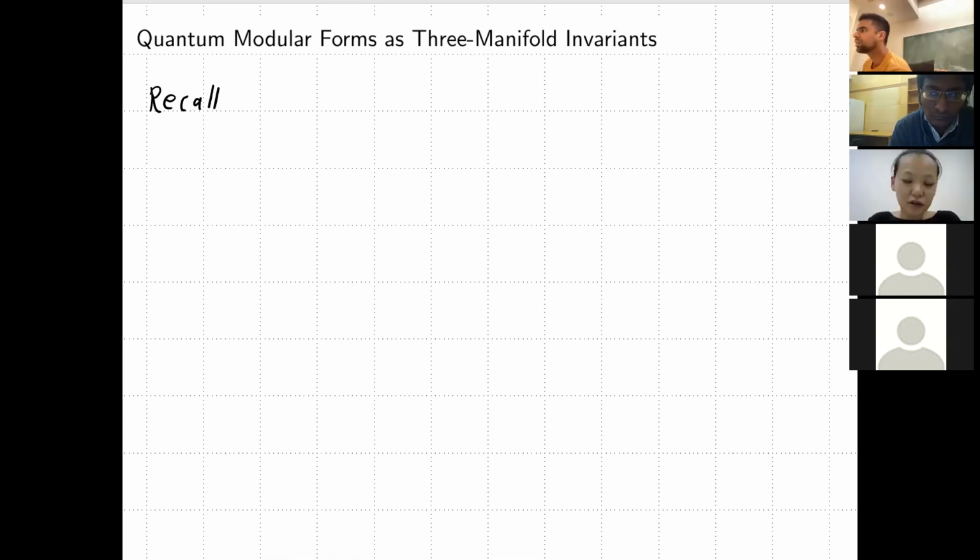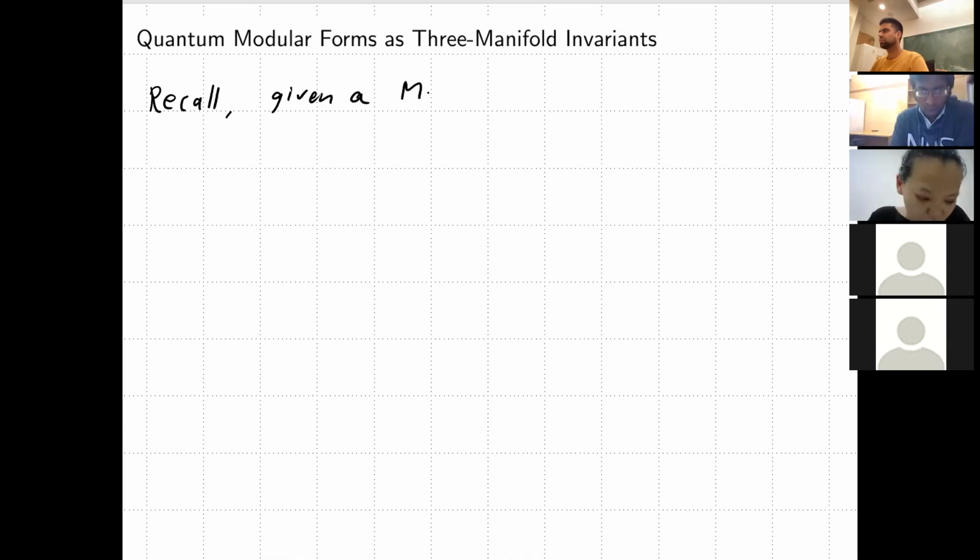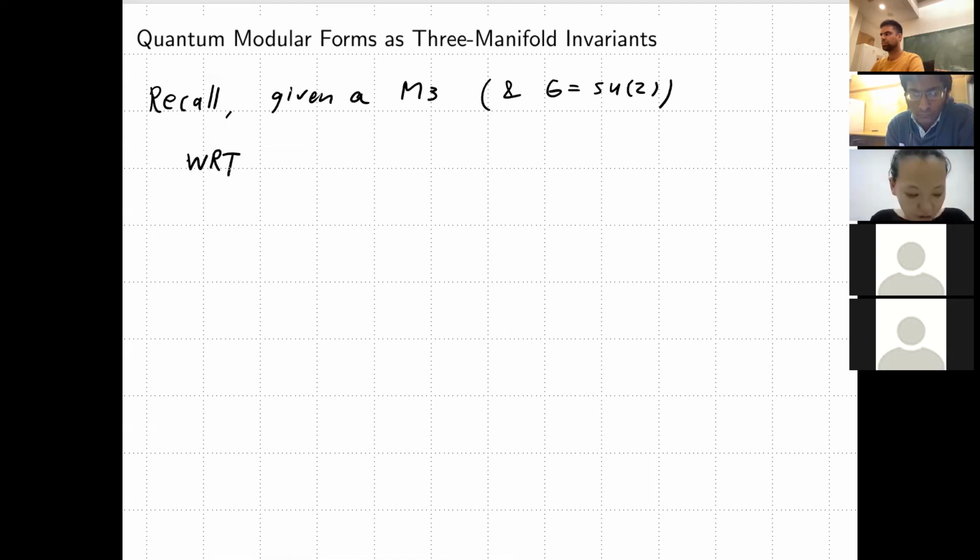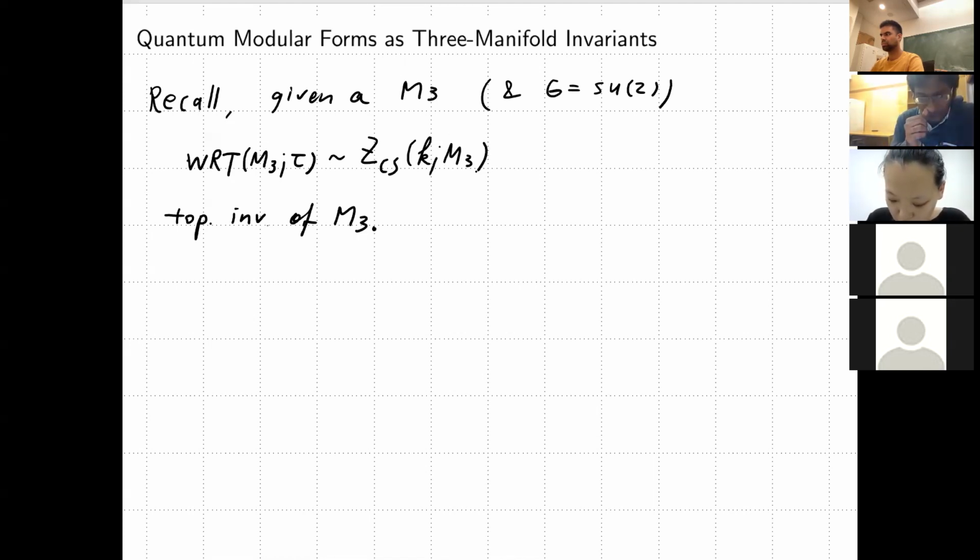So as we heard also from previous talks, given a three-manifold M3, and we'll focus on the SU(2) gauge group for now, then we have a topological invariant that's defined on the integers, namely the WRT invariant, which is basically the Chern-Simons partition function.